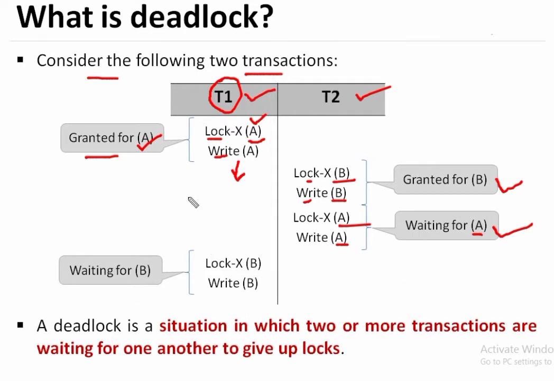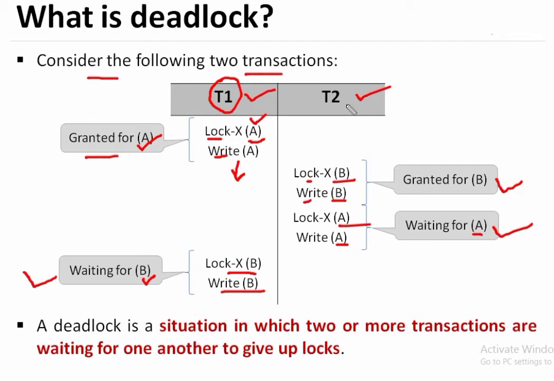And after a short time, transaction T1 wants to lock the data item B and write to B. So for that particular data item B, the transaction T1 has to wait, because the lock is already occupied by transaction T2.